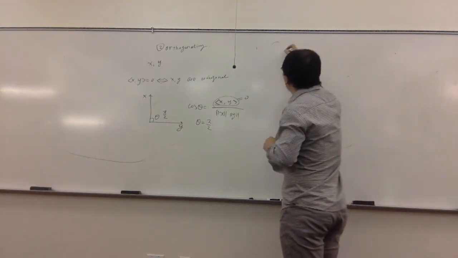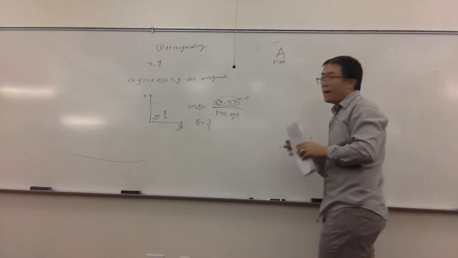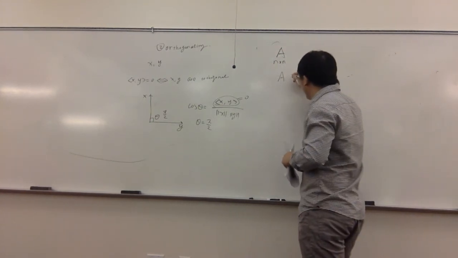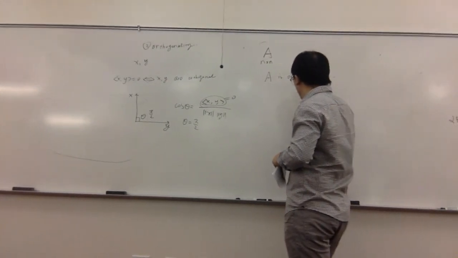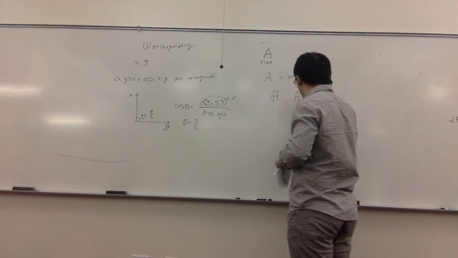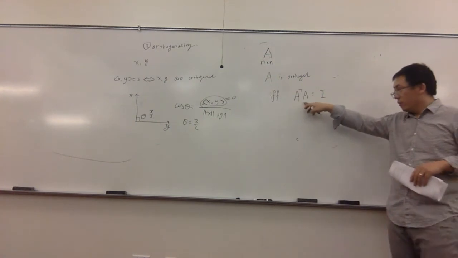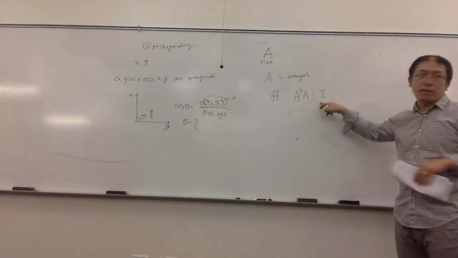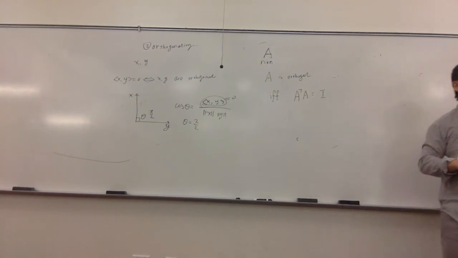For an n by n matrix, we say A is orthogonal if and only if A transpose times A is the identity matrix. This is called an orthogonal matrix.